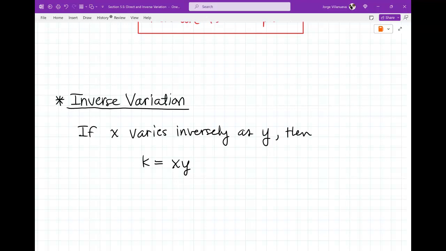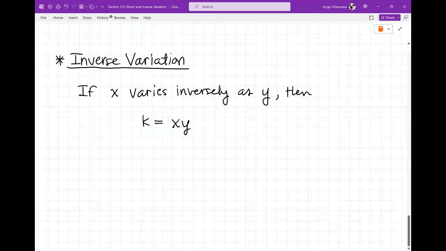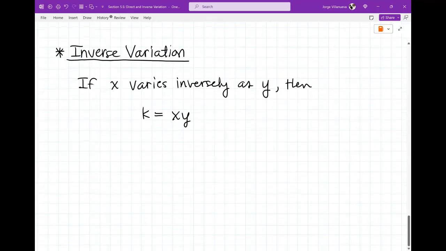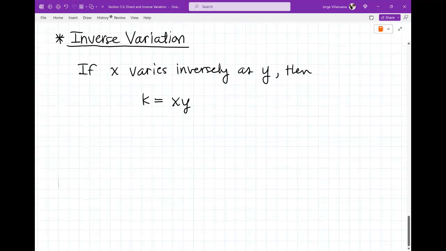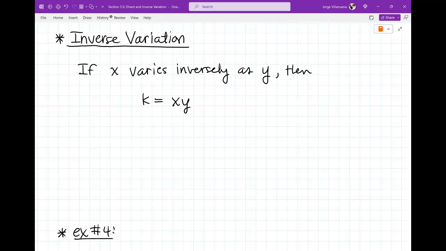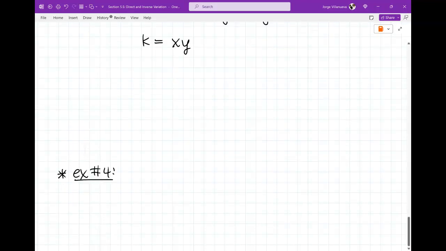Now, when we solve these problems, instead of y over x equal to y over x, we're going to use xy equal to xy, okay? So here we go. First example. So I'll put it right here. Example number 4. So again, we just got 2 more. So this one and another one.